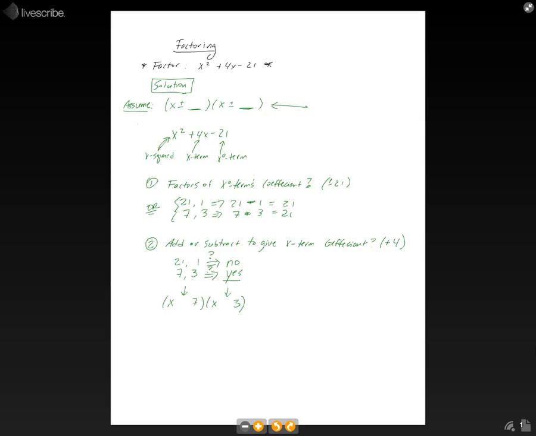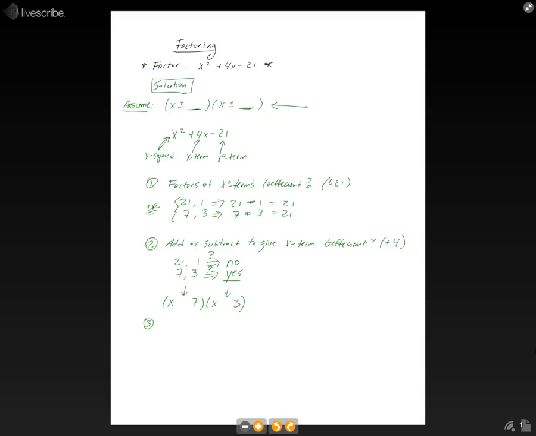Okay, now the only question left to answer, to have this completely factored, is to determine which signs we put here and here. Do we want a positive sign, or do we want a negative sign? Do we want addition or subtraction?